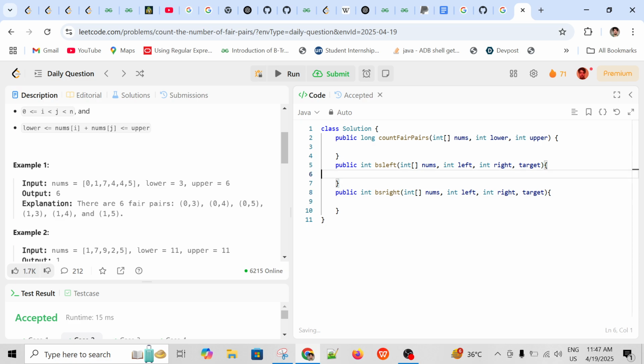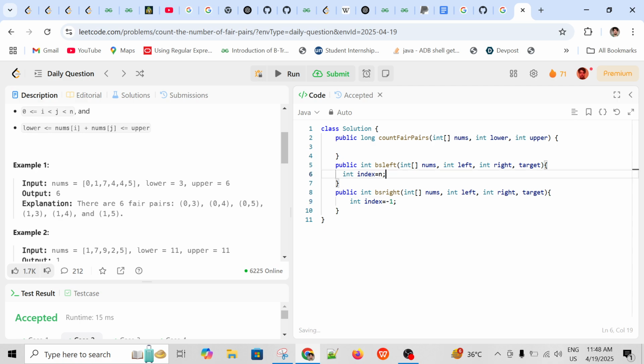Okay, so let's say index, because you have to find out the left index. So we say the index starts from n, so that we can decrease, because we have to decrease to find out the minimum index. So I will start from the maximum index. Similarly for this one, index will start from -1.